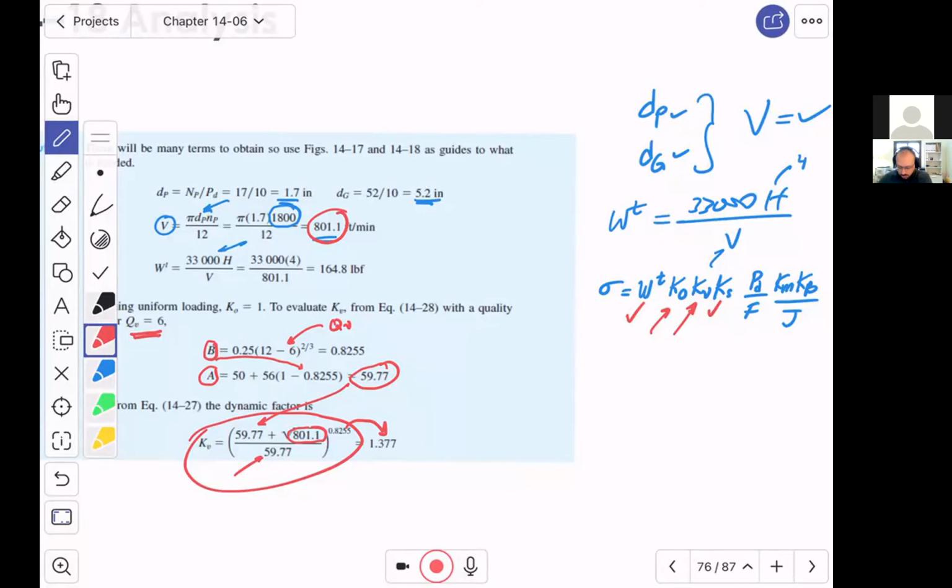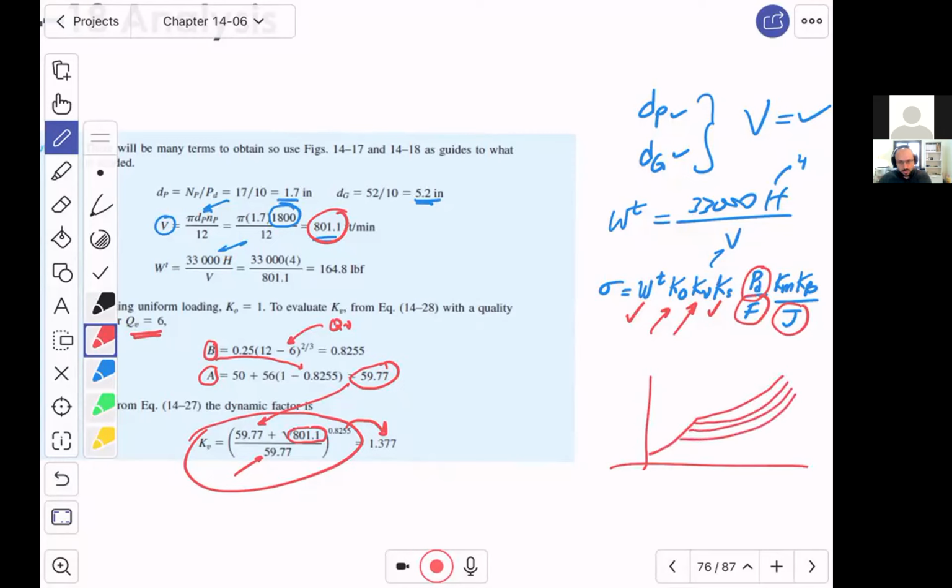So remember with me, PD is the diametral pitch, which is the same for both the pinion and the gear. F is the face width, which is the same for both the pinion and the gear. Now, J is a factor which, if you remember, has a curve like this. You remember that?